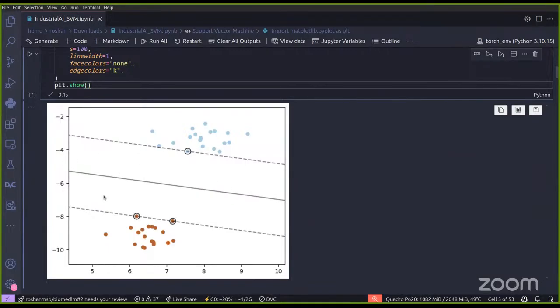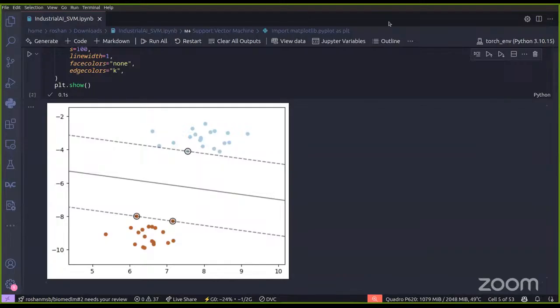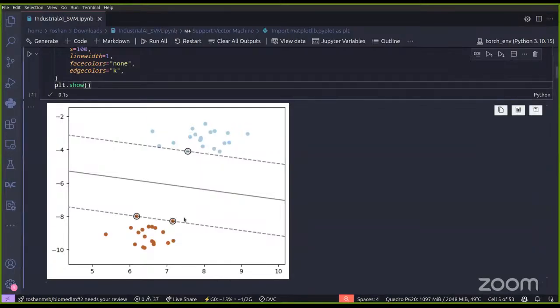How many lines can be drawn in this particular space? Multiple lines. Yeah, so it can be an infinite number of lines. So I want to draw a line so that the distance from this set of points and this set of points is maximum.